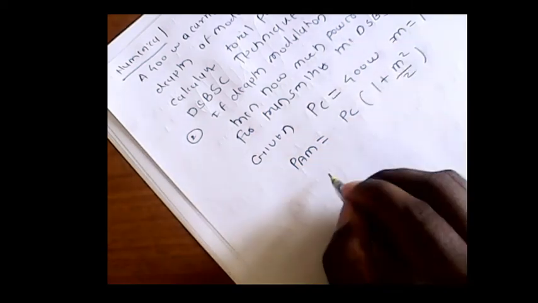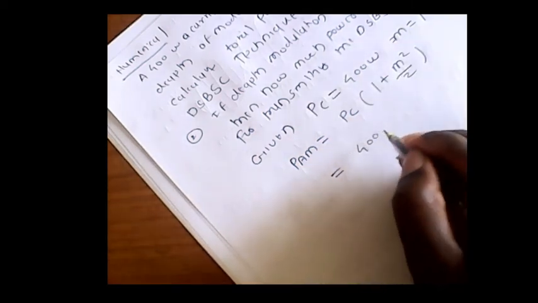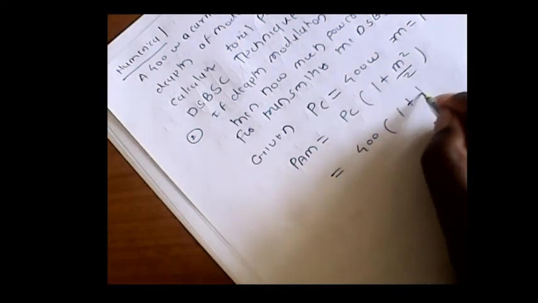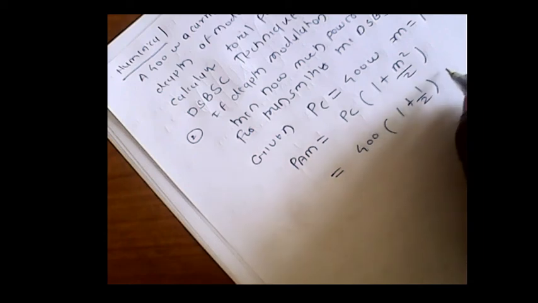So we put the values. Carrier wave power is 400 watt, modulation is 1, which comes out to 600 watt.